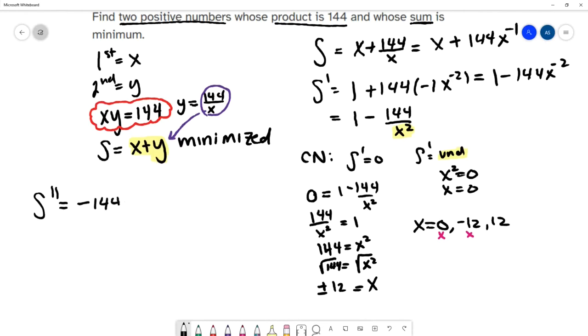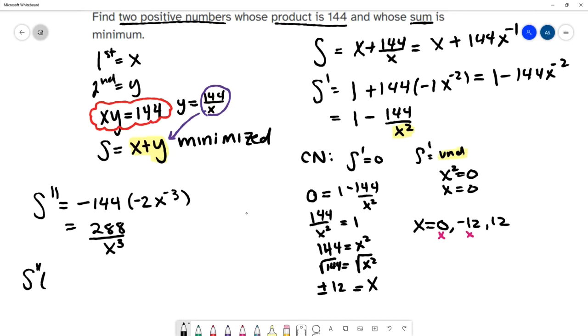Negative 144 is a constant multiple. And we'll calculate the derivative of x to the negative 2. That's negative 2 x to the negative 3. And so this gives us a positive 288 over x cubed for our second derivative.